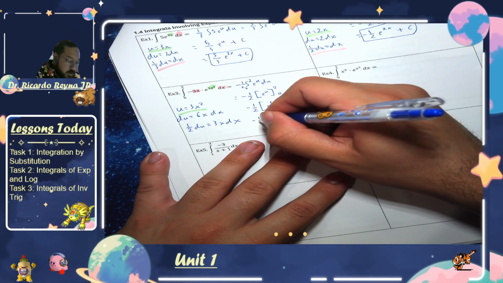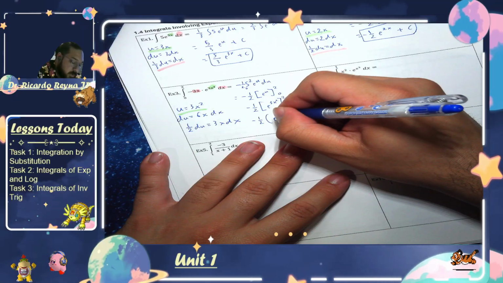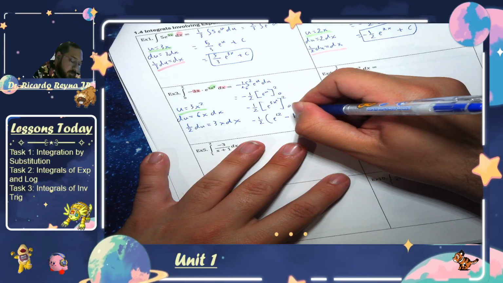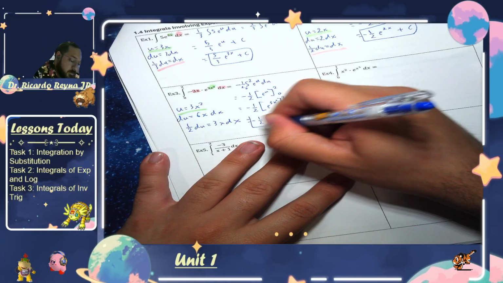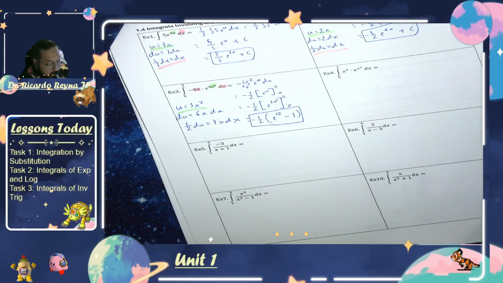So putting the 2, that'll be e to the 12, and then minus e to 0, which is just a 1. And that would be your answer.